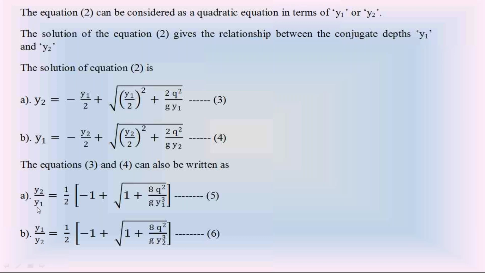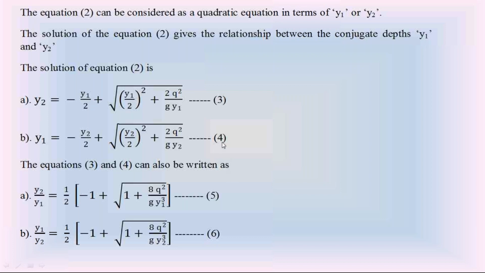You will get y2 by y1 is equal to 1 by 2 into minus 1 plus root of 1 plus 8q square by z y1 cube. So from equation 3, by taking y1 by 2 common and bringing y1 to the left side, I got this equation 5.